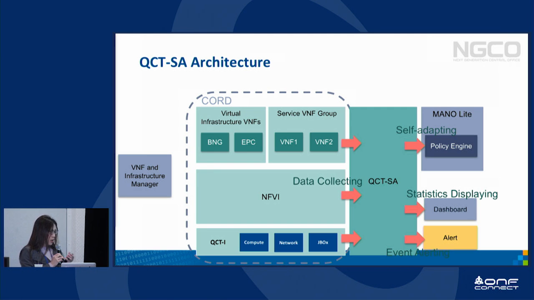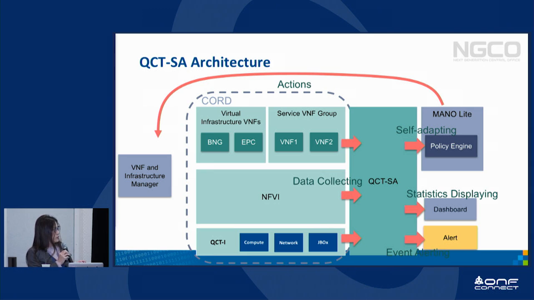Our QCT-SA also generates some events if it finds some abnormal behavior or statistics. The event will be sent to the policy engine of our system. The policy engine will match the rule and find the actions to overcome the problem. Then it generates some actions to our VNF and infrastructure manager.